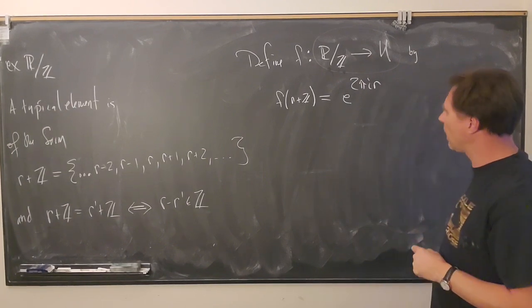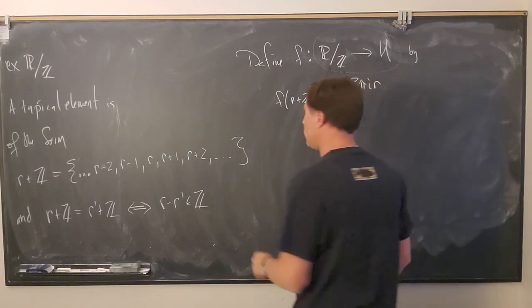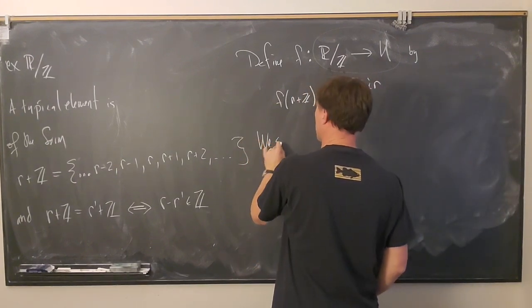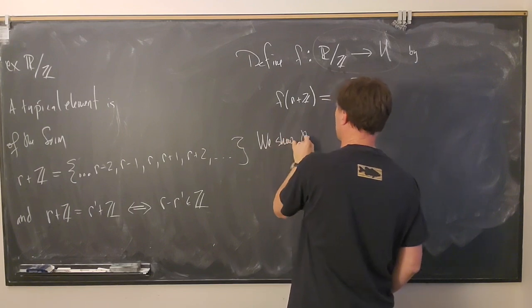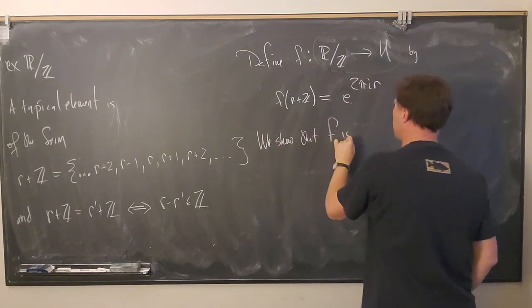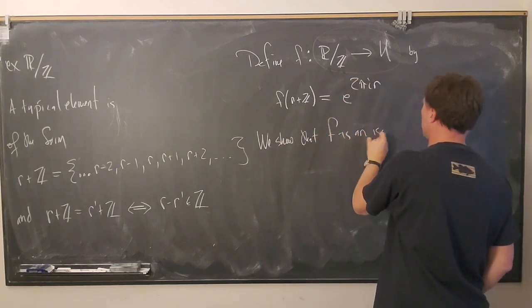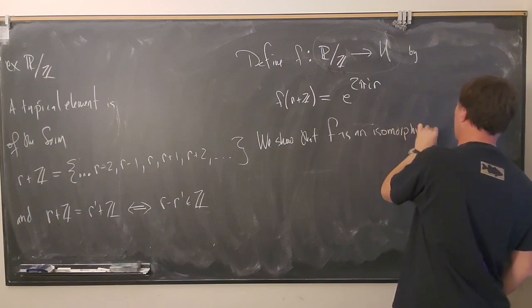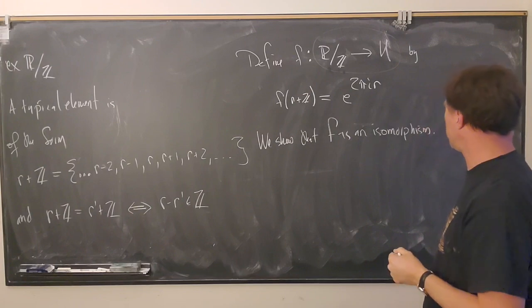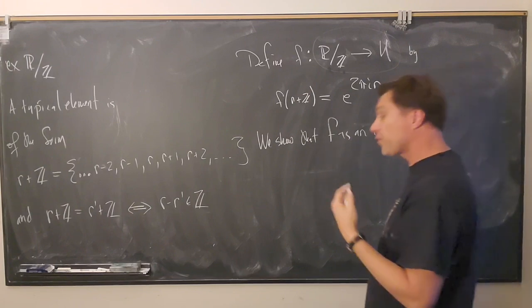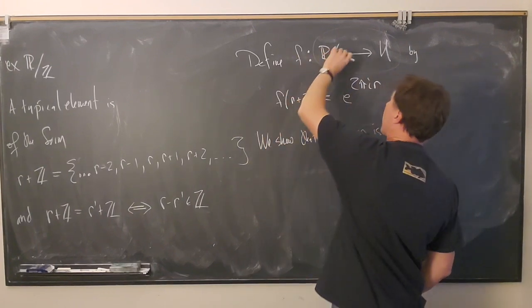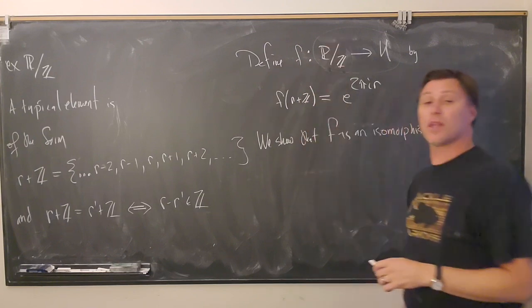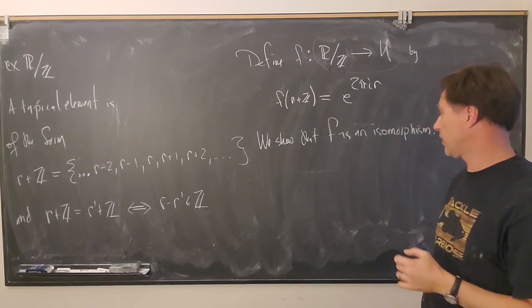So here we go. We show that F is an isomorphism. I'll do some of the details and leave some of the details for you to check. The first thing I need to do, notice that I've defined a function on a set of equivalence classes. I immediately need to show that it's well defined.